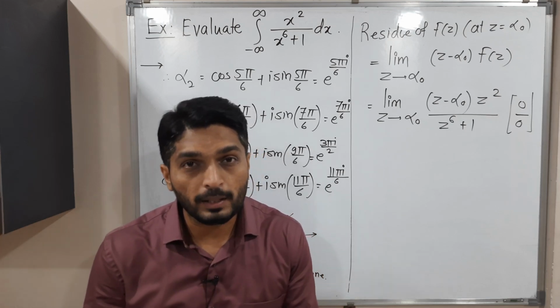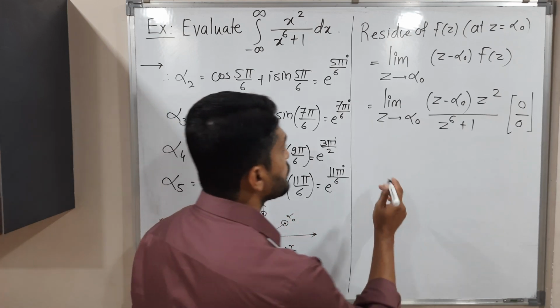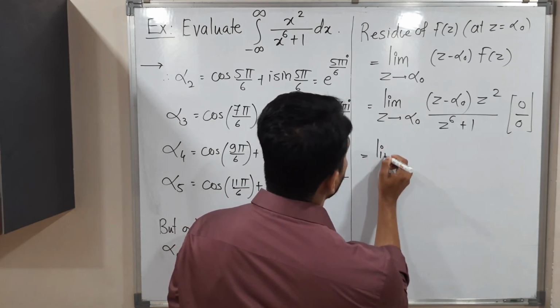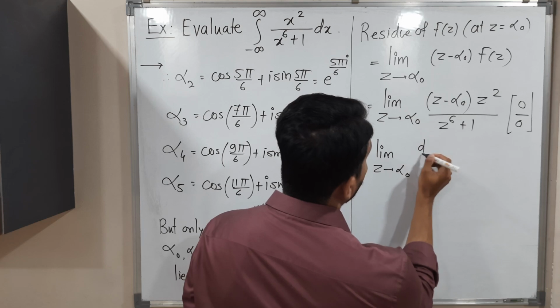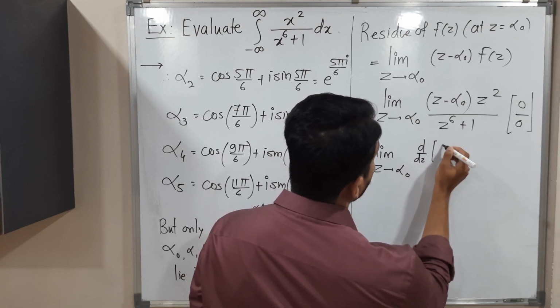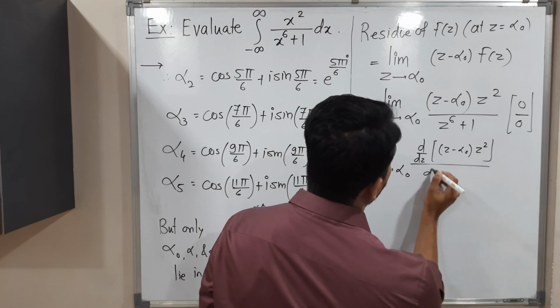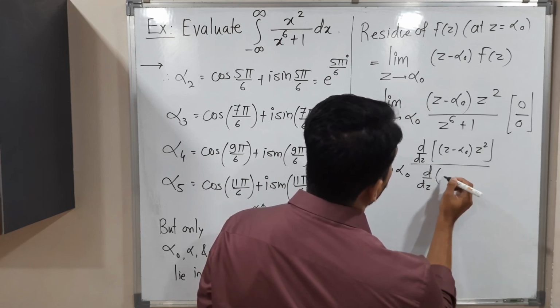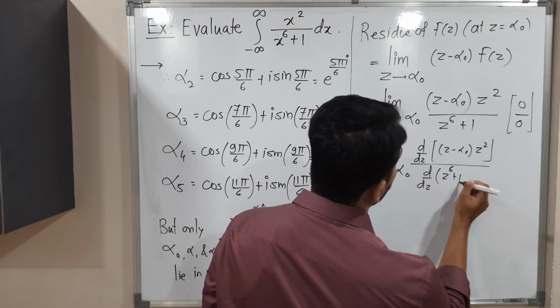We have to apply L'Hospital's rule. Here also I will do the same. So L'Hospital's rule says we have to take the derivative of the numerator divided by the derivative of the denominator, z raised to 6 plus 1.